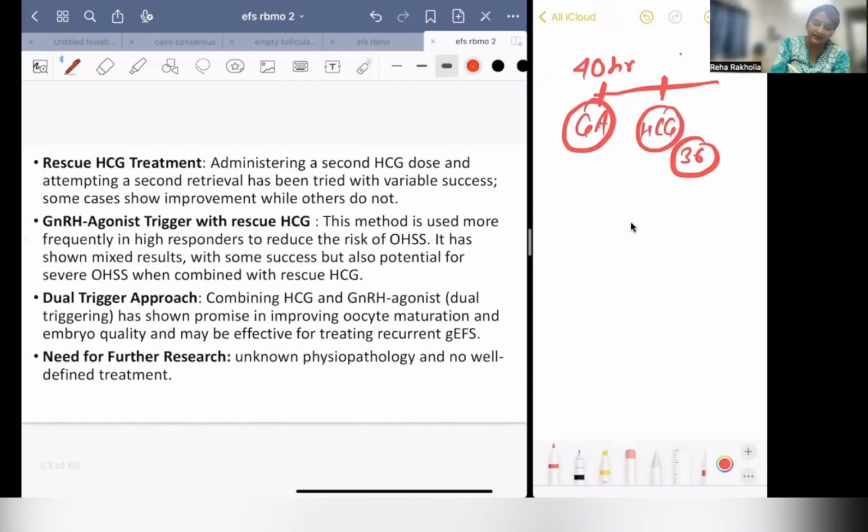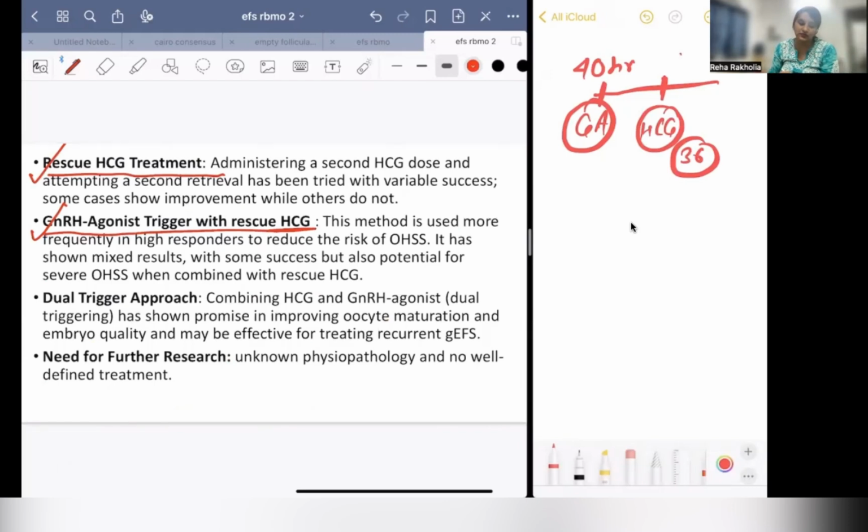Now see, four things are there. In genuine empty follicle syndrome, we can use rescue HCG dose, or we can use GnRH agonist trigger with rescue HCG.